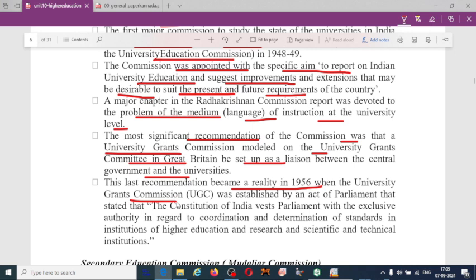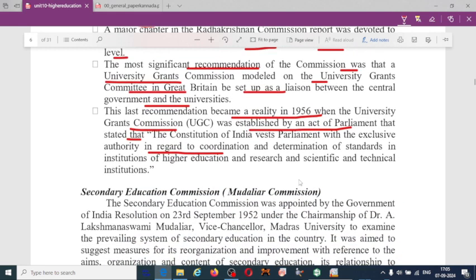University Grants Commission was established by an Act of Parliament, stating that the Constitution of India vests Parliament with the exclusive authority in regard to coordination and determination of standards in institutes of higher education and research and scientific and technical institutes.